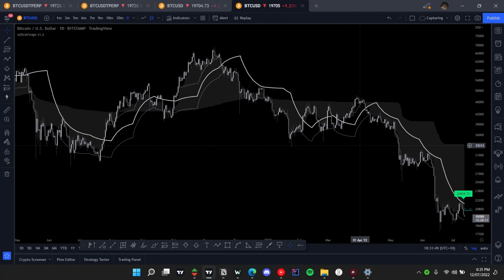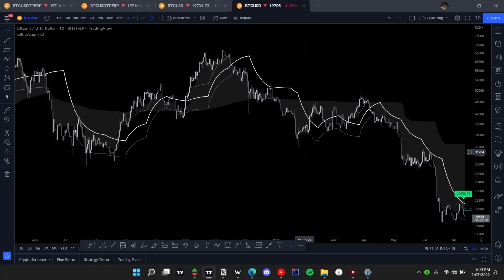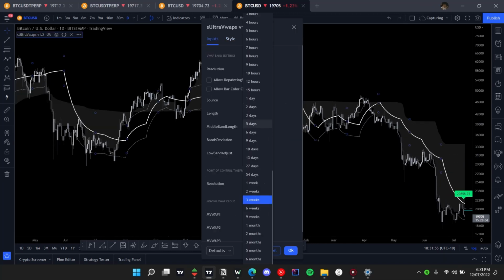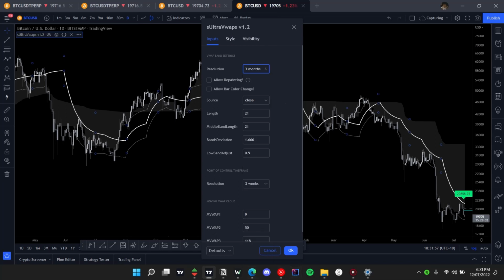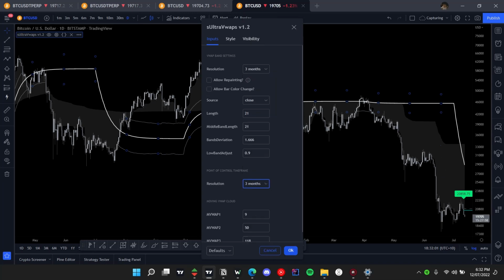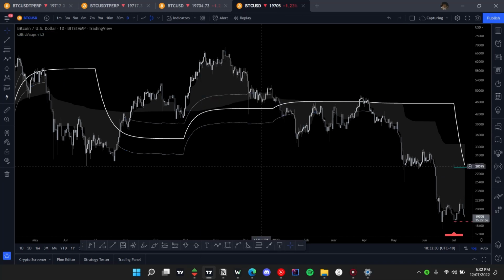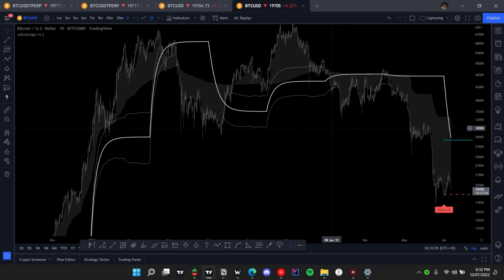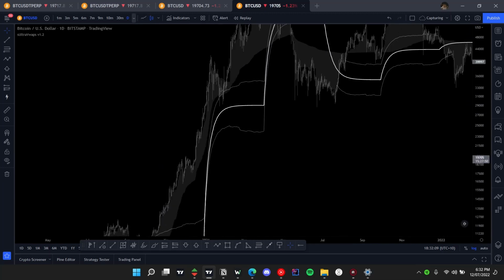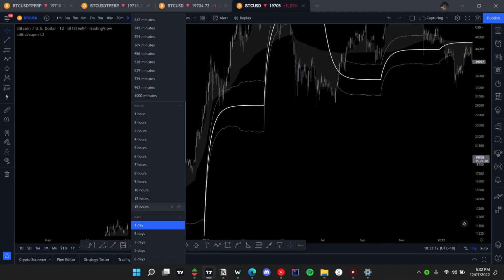If you're using the weekly chart, you have to use 3 months.